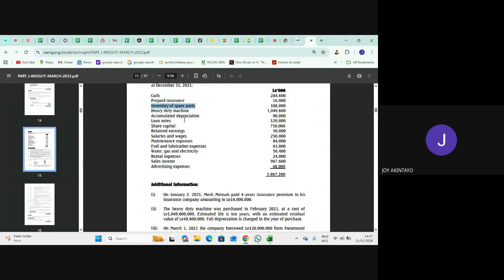Then heavy duty machine, is it an asset or a liability? I need your response. An asset, because it is an equipment to the company. So we are posting this on the debit.